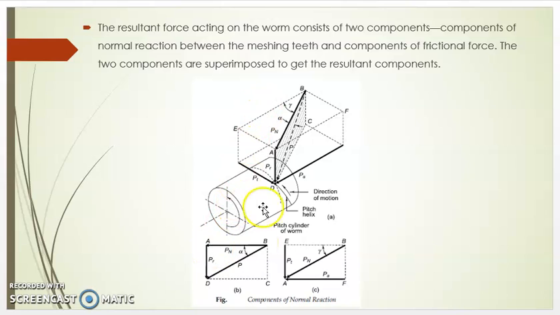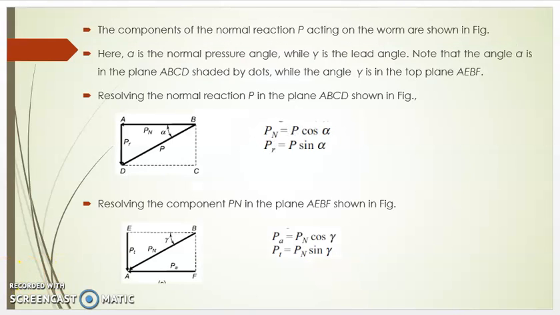From this diagram, two rectangles are separated, ABCD and AEBF, which show alpha, the pressure angle, and gamma, the lead angle. Therefore, the components of normal reaction P acting on the worm are shown in the figure.